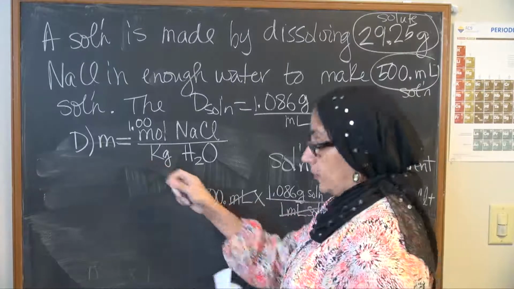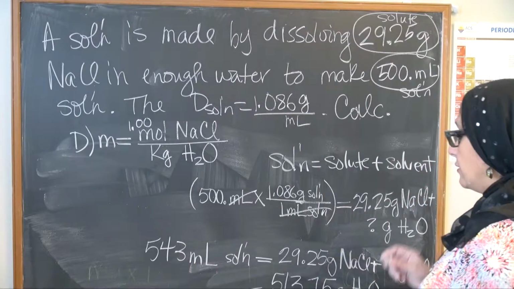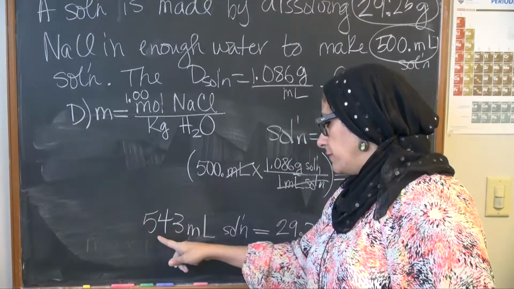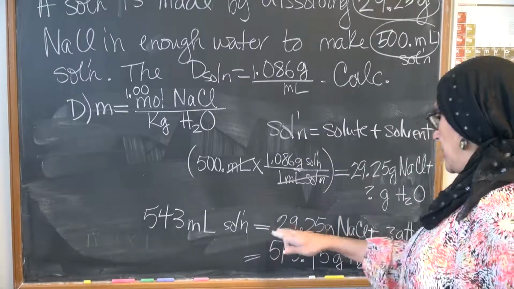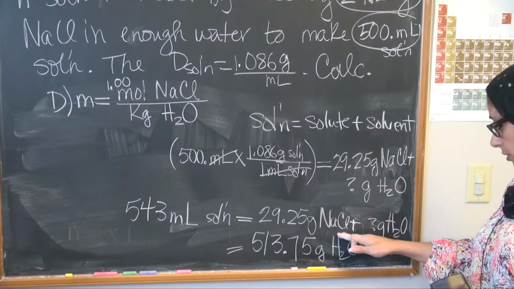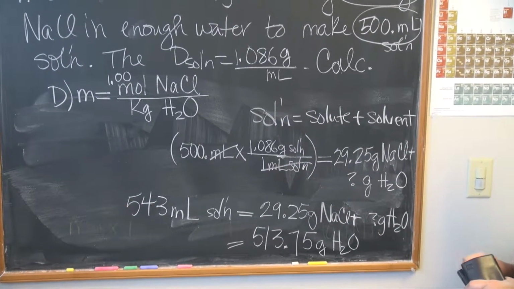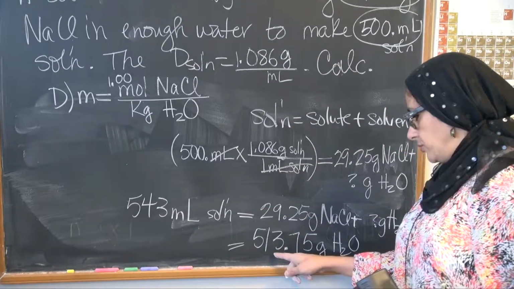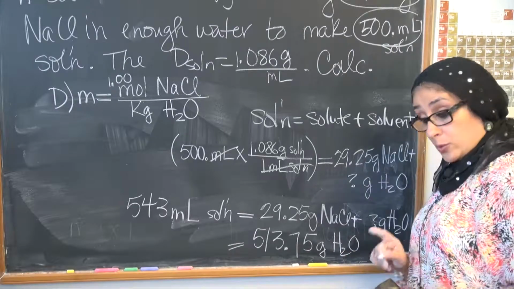Calculating this out, this ends up giving us 543.000 grams of solution is equal to 29.25 grams of the solute sodium chloride plus unknown grams of water. Solving for the grams of water, we subtract and we end up with 513.75 grams of water.